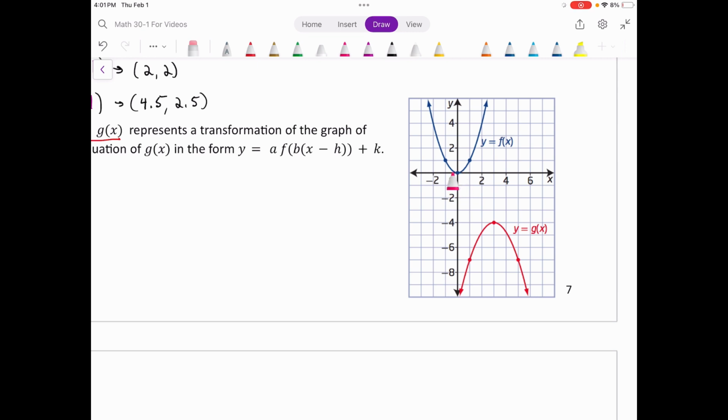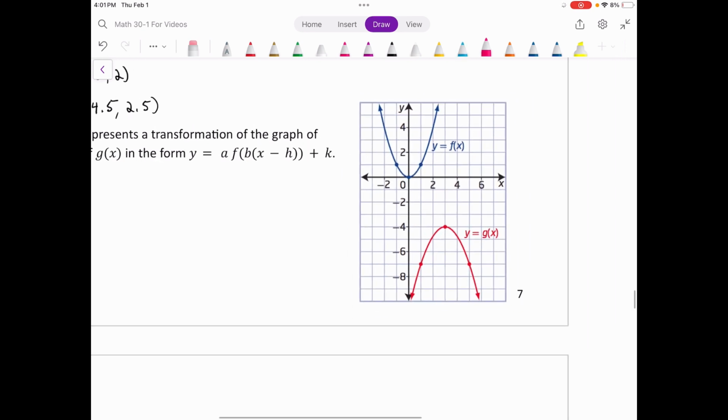So I'm not saying there's one right way to do this, but that's often a good place to start because we know that first any stretches or reflections would have been performed. So if there's any points that would still be in the same spot once we did those stretches and reflections, and those points are not there, well, what's left for them to have been moved is only translations, right? So let me show you what I mean here, okay?